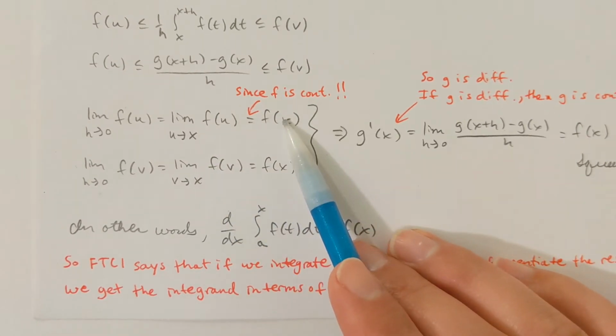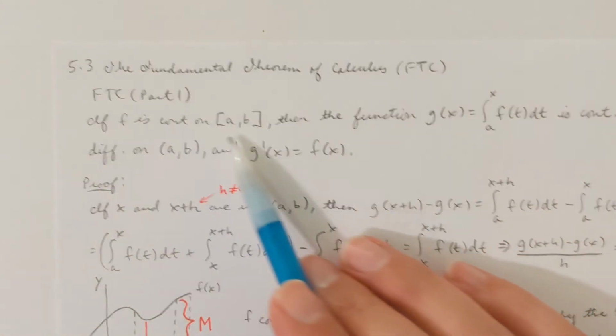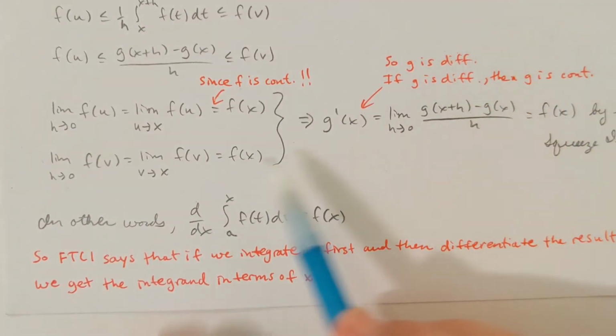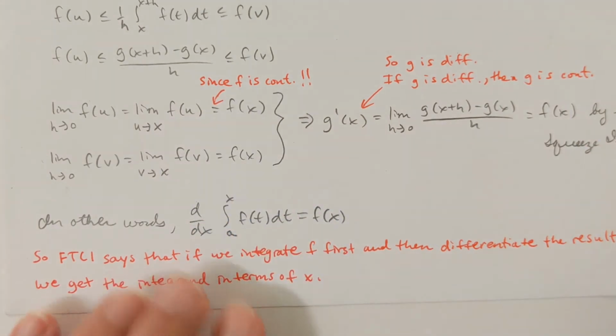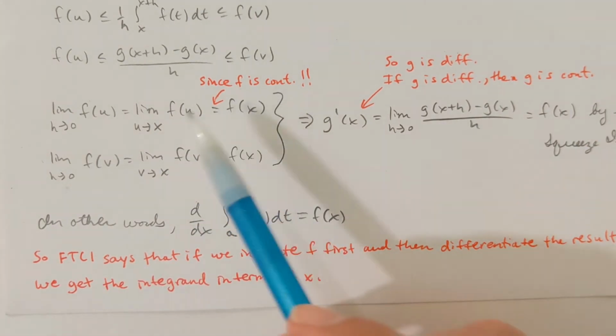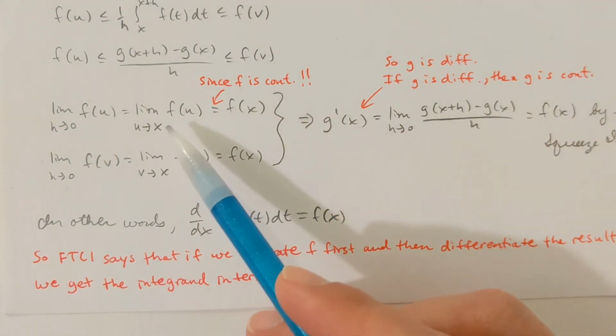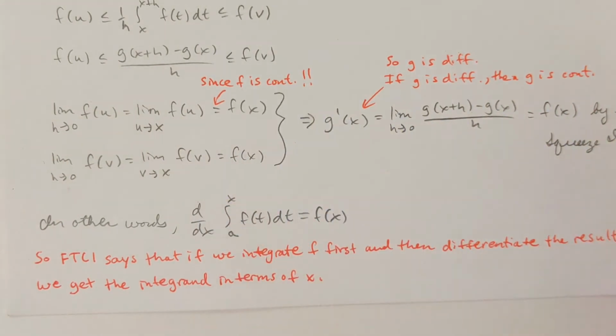Why can I say that? Well, that's because f is continuous, right? We were told that initially in this theorem here, f is continuous. So what does it mean to be continuous? It means you can make a direct substitution for that number. There's no issues with division by 0 or a negative underneath the square root, right, or something like that. Okay, we're continuous, so you can plug it in.